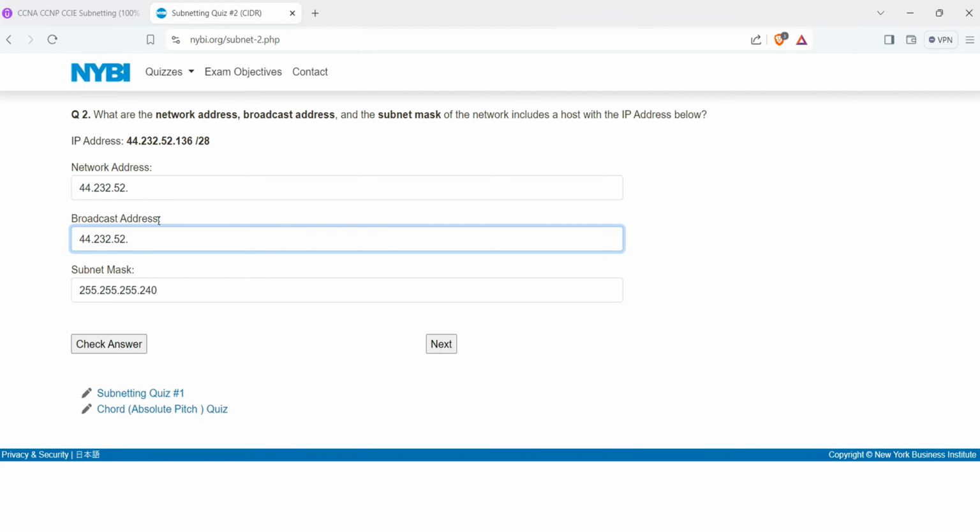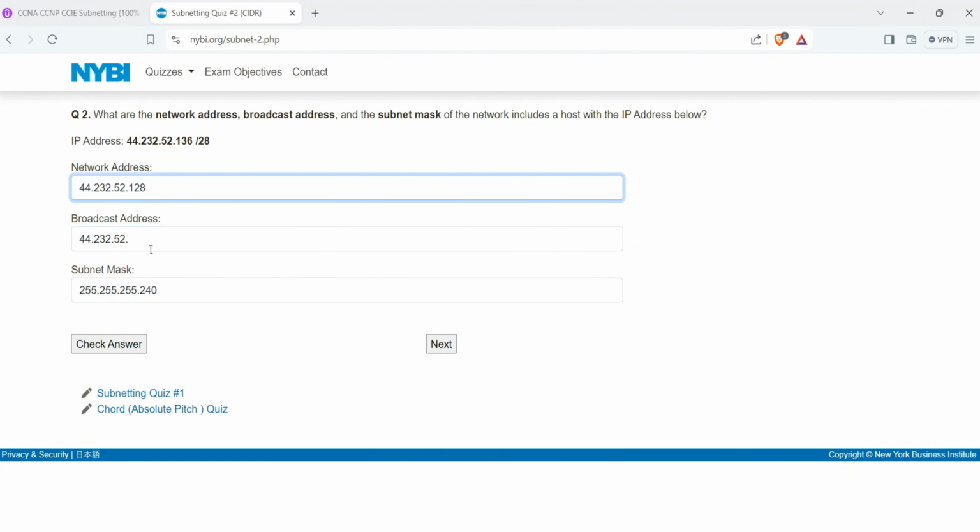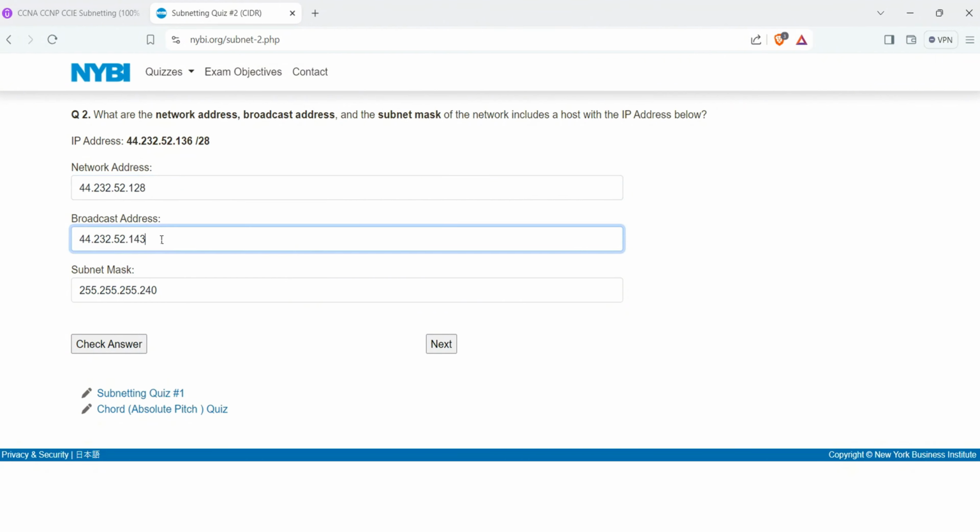Okay, eventually I'm going to say 0, 16, 32, 48, 64, 80, 96, 112, 128, 144. Oh, between 128 and 144. Okay, so 128 is a network ID. The next network is 144. The broadcast is 143. Check answer.